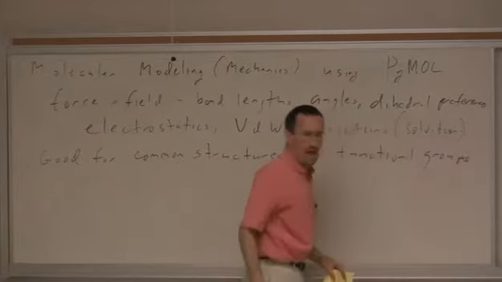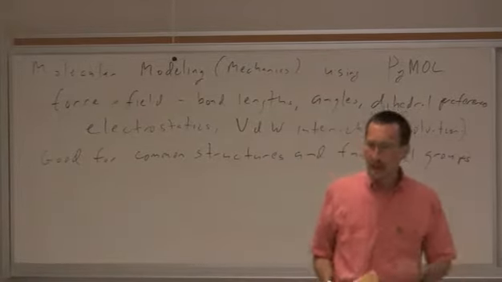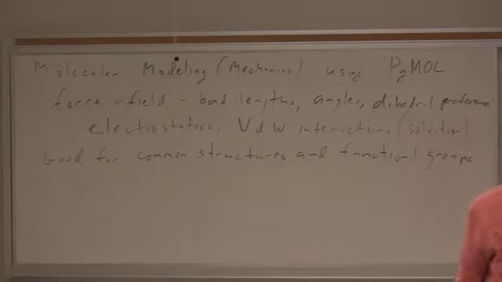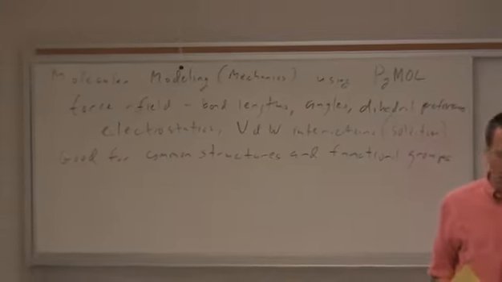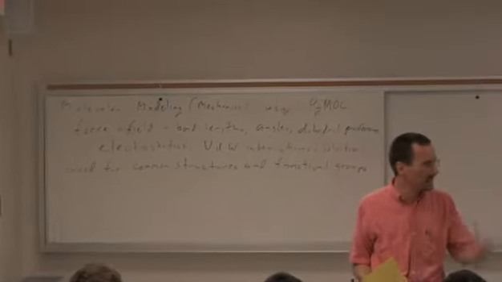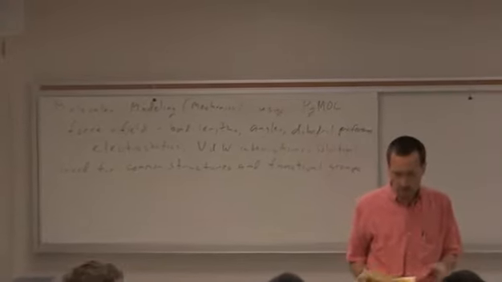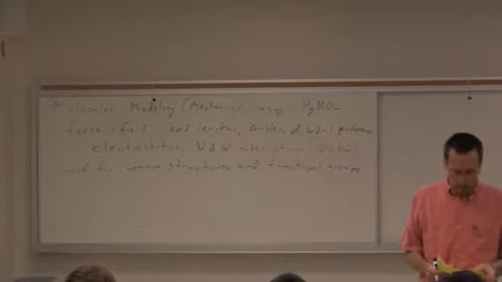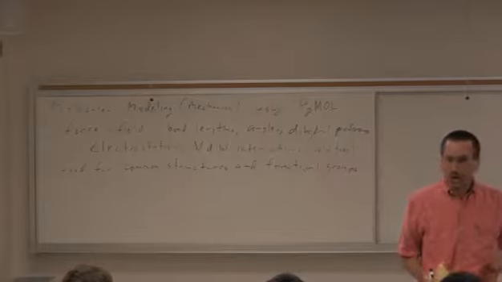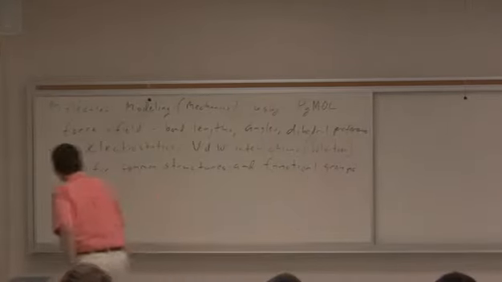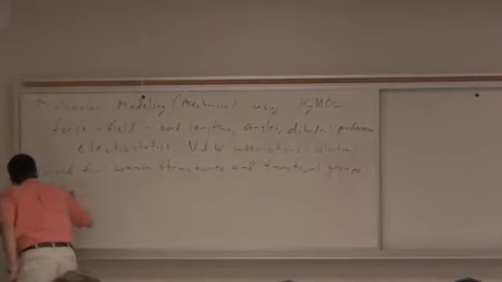In other words, parameters for bond lengths and angles and so forth have been well worked out for things like amides and ethers and aromatic rings and alkenes and amines and so forth, all the sorts of typical functional groups. What it's not good for is unusual arrangements of atoms, reactive intermediates, and so forth.